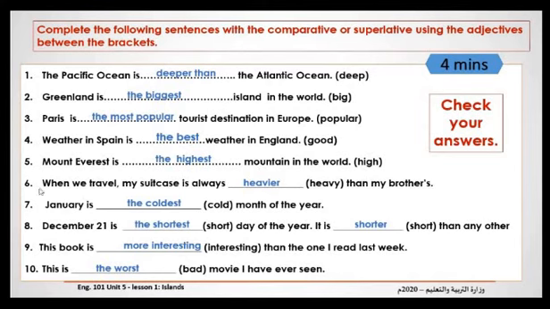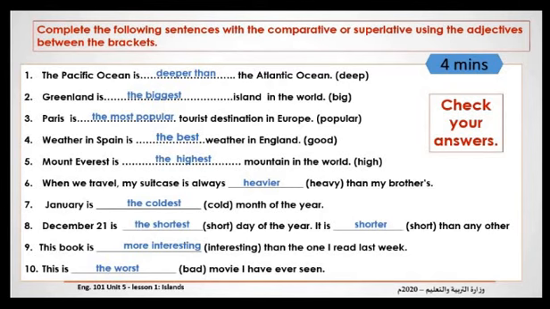Okay, for number 4, weather in Spain is better than weather in England. If you remember, when we explained the comparative adjectives, we said between two things or two people or two countries.